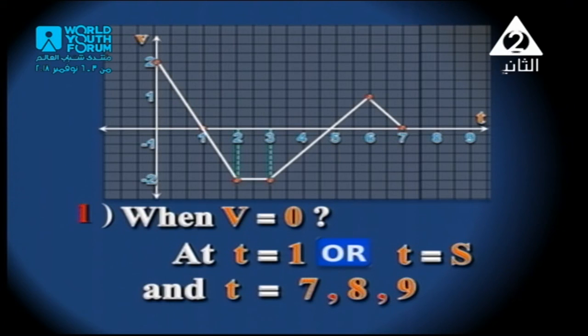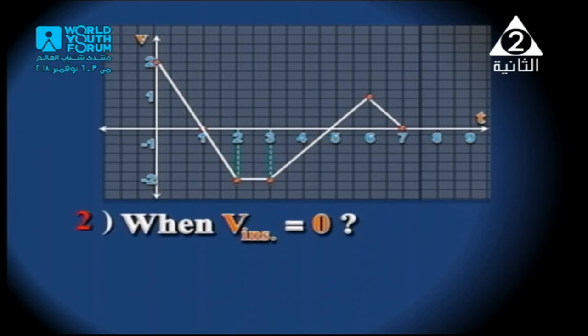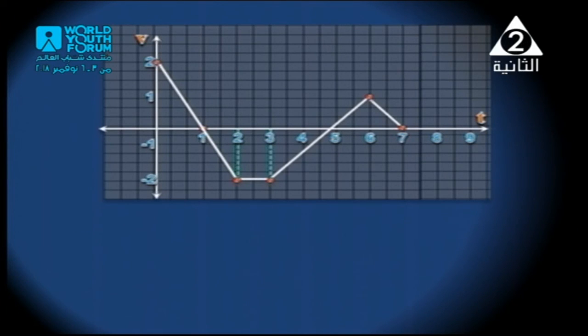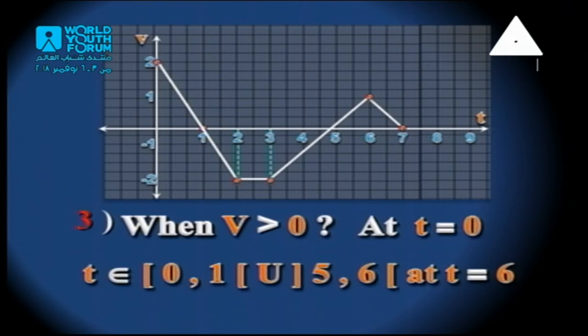My dear student, V initial equals 0 at t equal what? At t equals 6. But, my dear student, V is more than 0 at t equals 0. Velocity is more than 0 for t belongs to the half-open interval 0, 1.